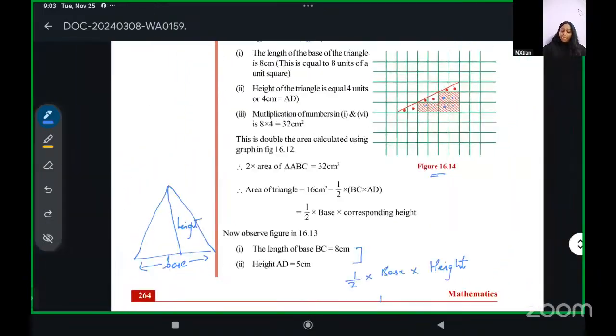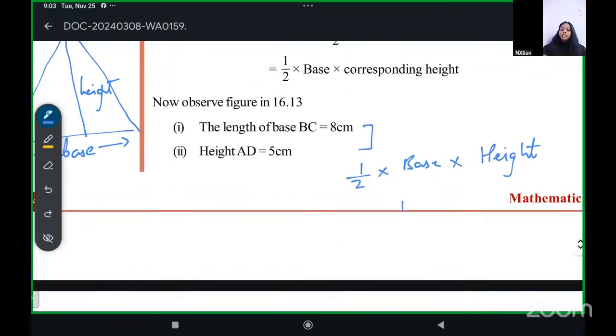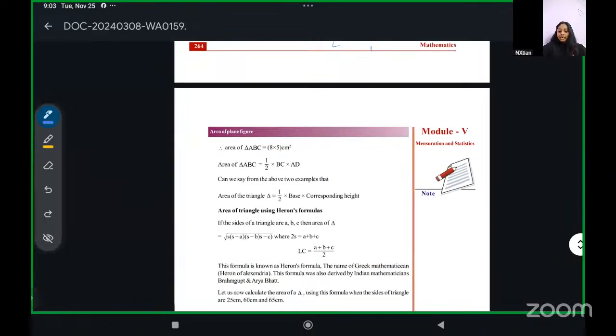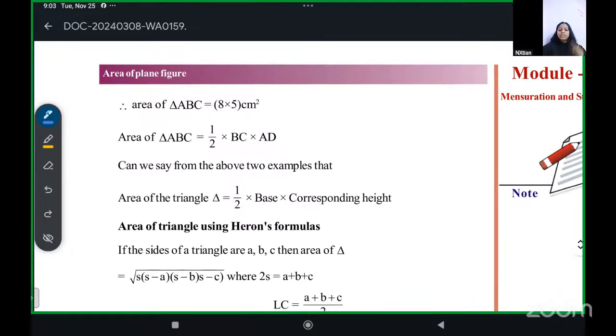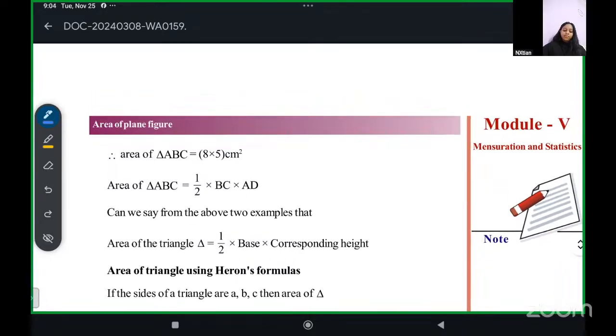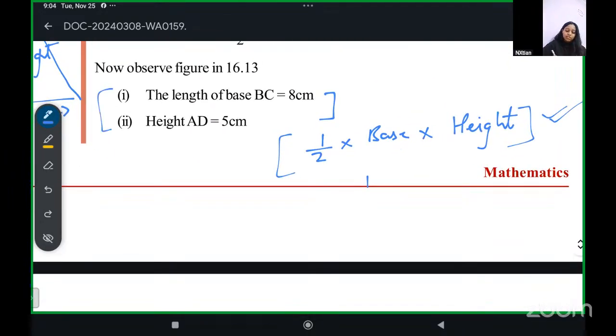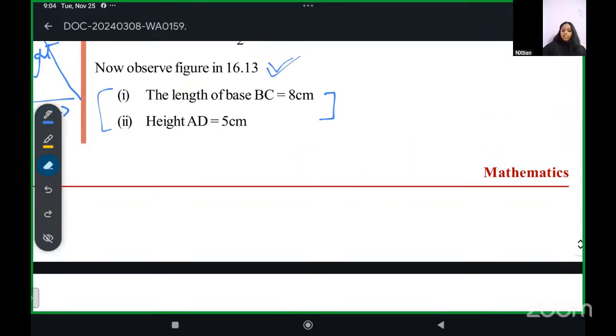Now, I was explaining to you that this is the formula, half base into height, for calculating the triangle. I will give you one question. Calculate the area of this triangle. Base is 8, height is 5.